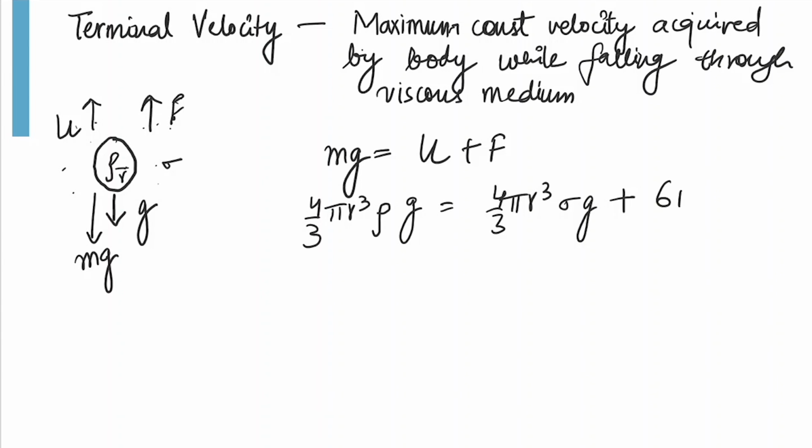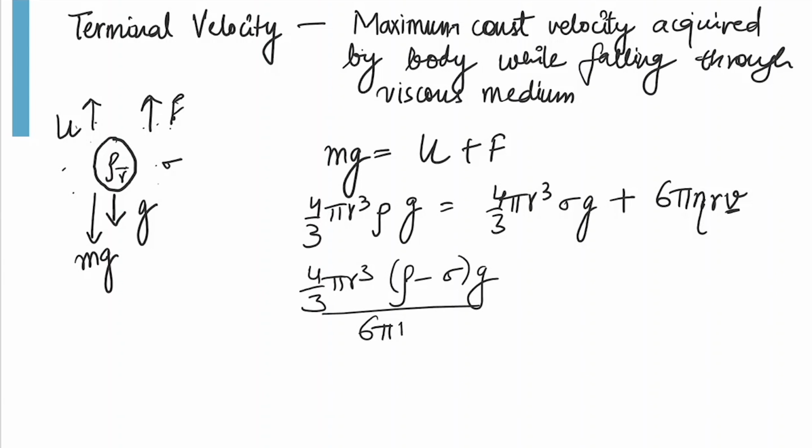is given as 6 pi eta r v, where v is the terminal velocity. So let's solve this. So this will be 4 by 3 pi r cubed (rho minus sigma) g upon 6 pi eta r is equal to v.